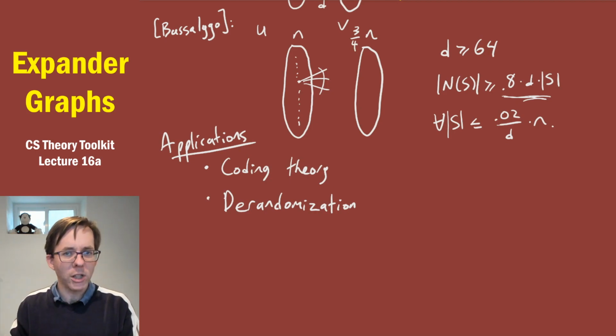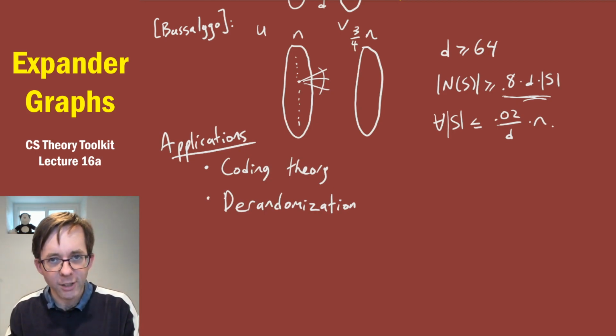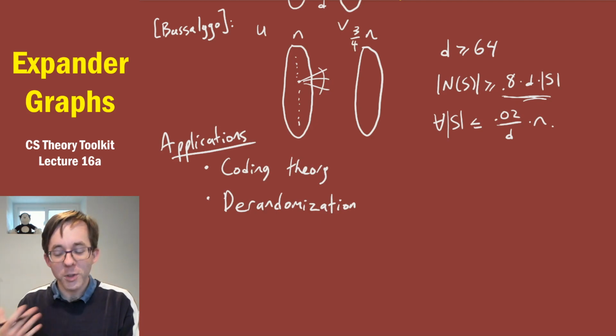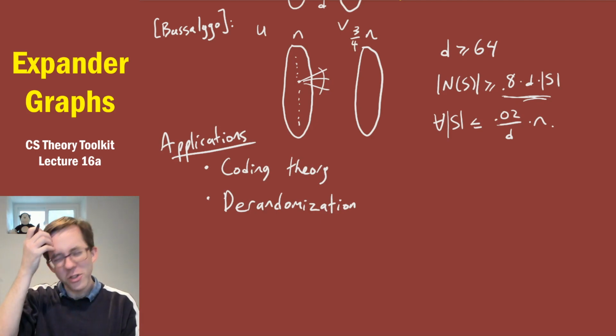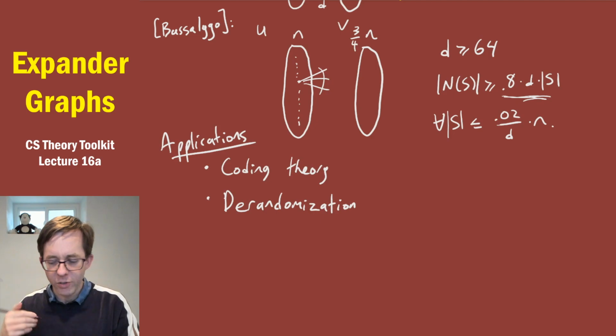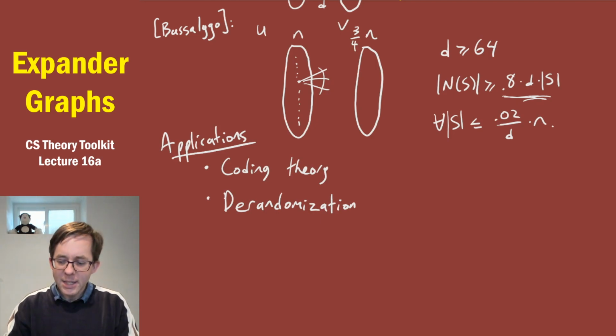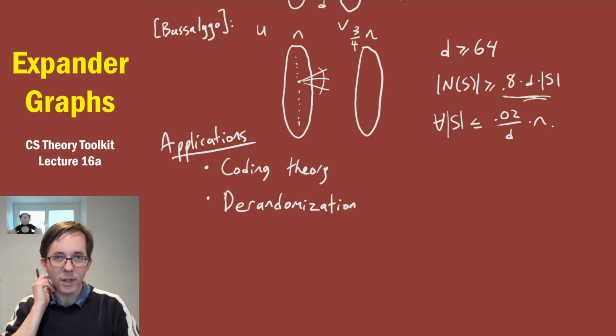Particularly for the derandomization application, by definition, if your task is derandomization, you don't want to do anything randomized. And also for efficiency and practicality in coding theory, you don't want random codes, you want explicit codes. So that's motivating the desire for explicit bipartite expander graphs like this.